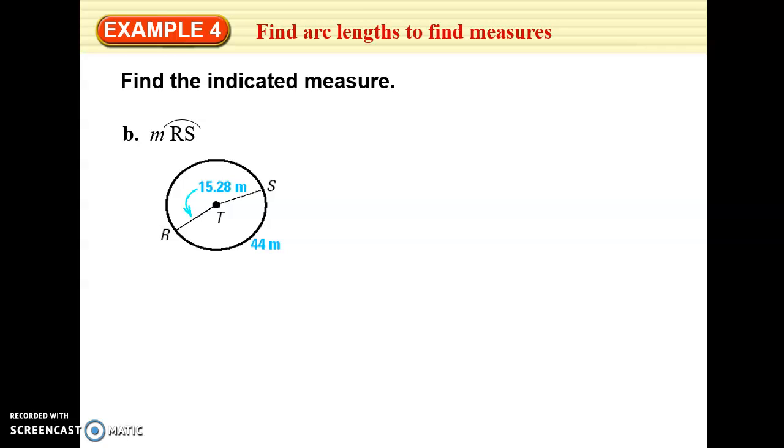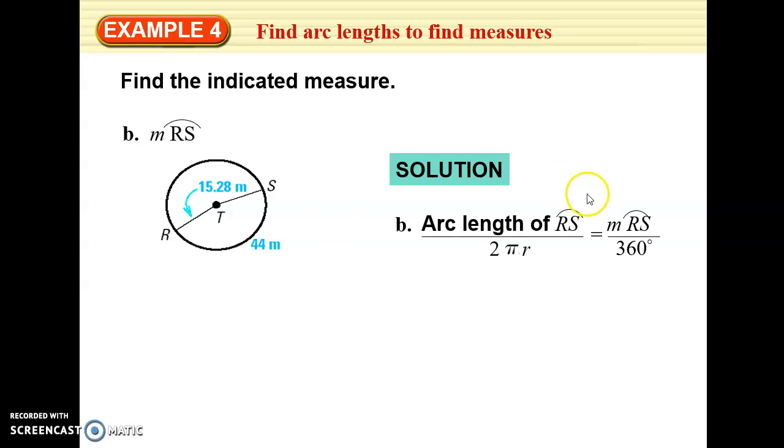Now, another one. We are looking for the measure of RS. We are looking for this angle that is here. Let's make the substitution. The arc length we have corresponds with the whole circumference as the measure of the arc that we are looking for corresponds with 360.